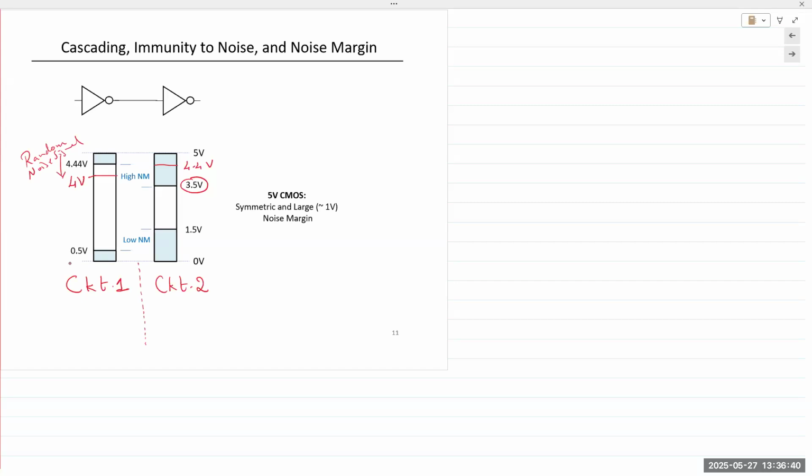So instead of keeping it at 4.4 volts, we keep it all the way down to 3.5. So it accounts for random noise signals or fluctuations.